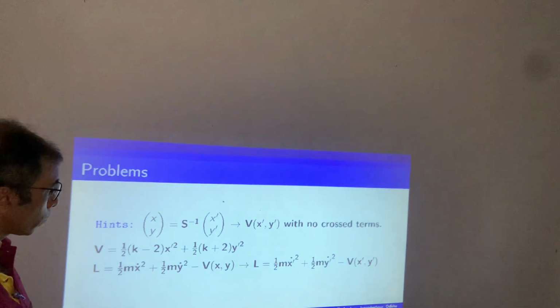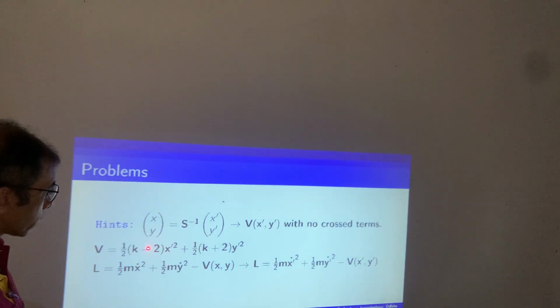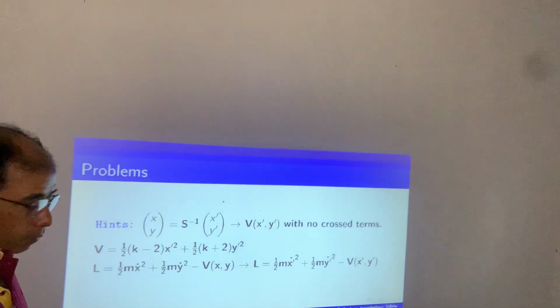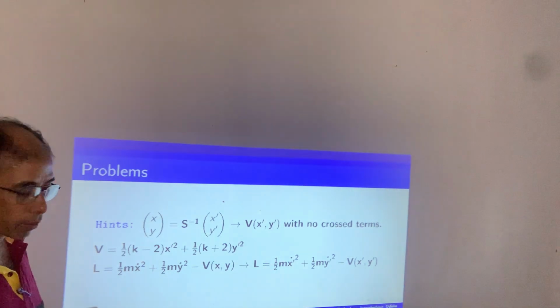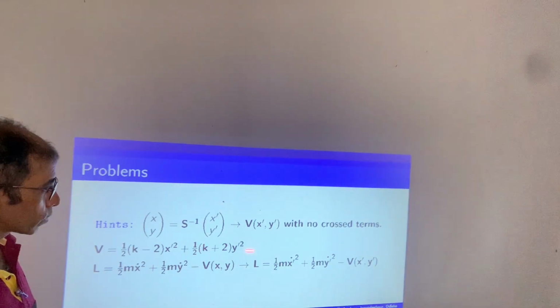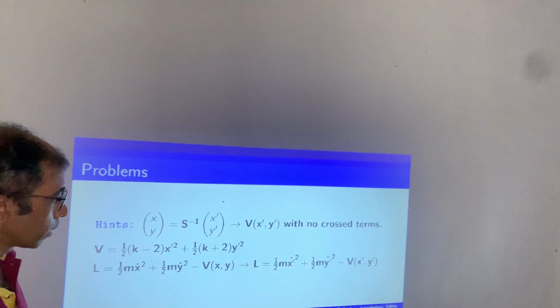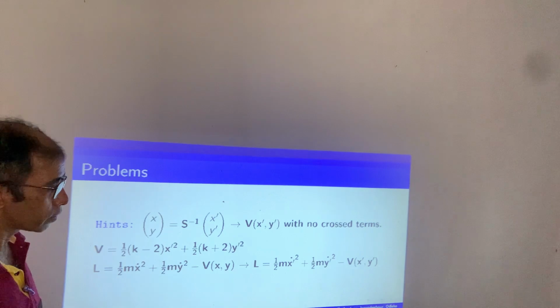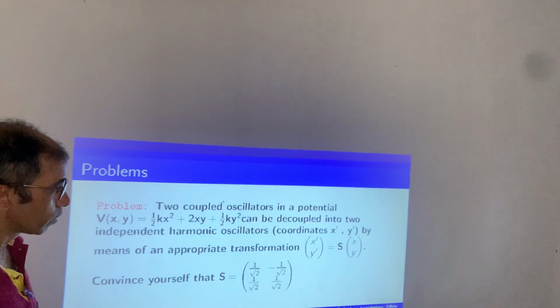One mode will be root of (k by 2) by m, and another will be root of (k plus 2) by m.